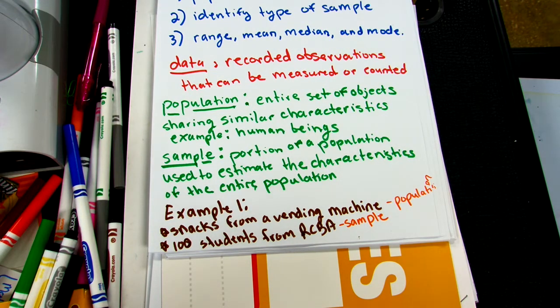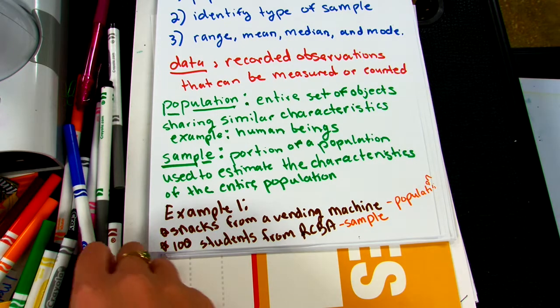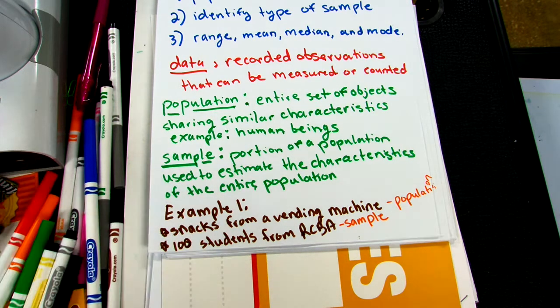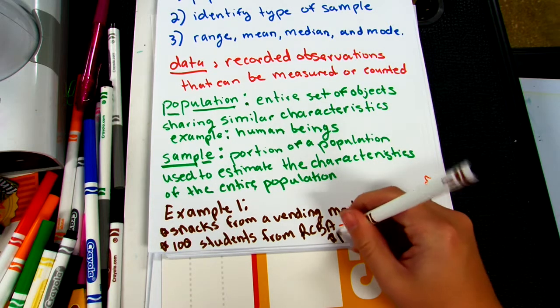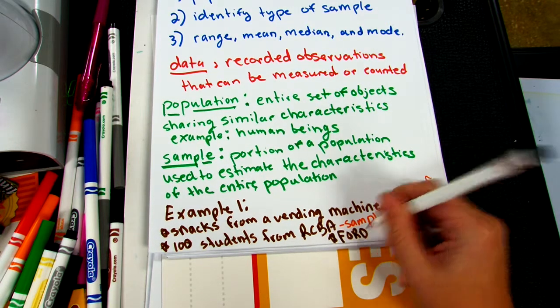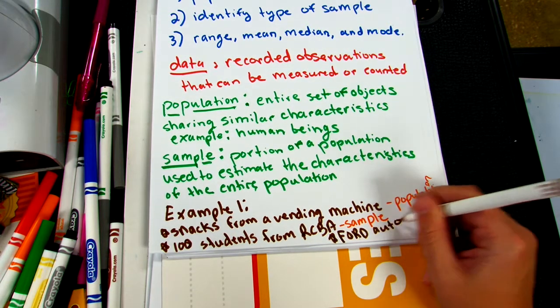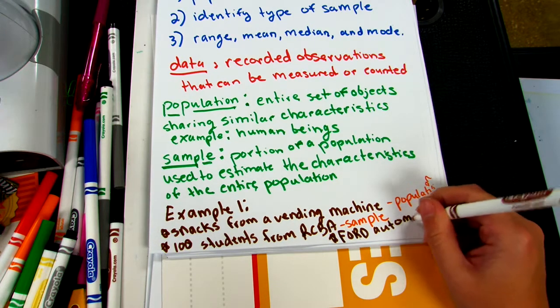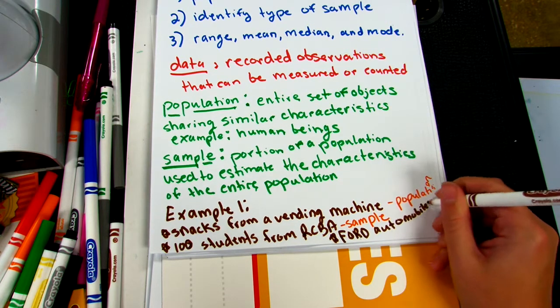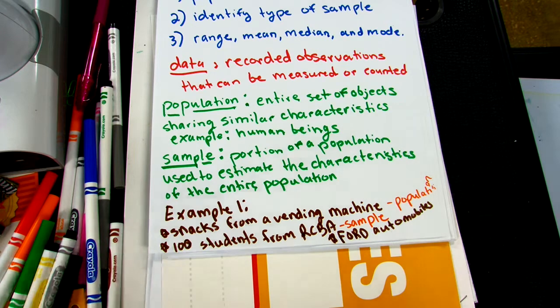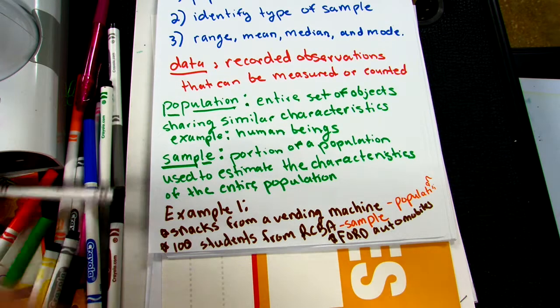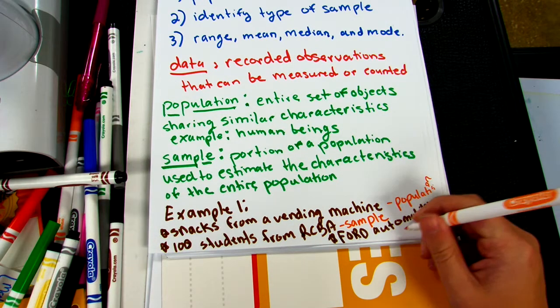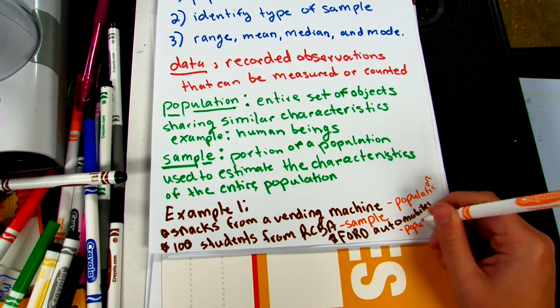Okay. What about Ford automobiles? Right? Ford automobiles. Well, since it's all the automobiles produced by that company, by Ford, we would say that's the population. That's the population of Ford.